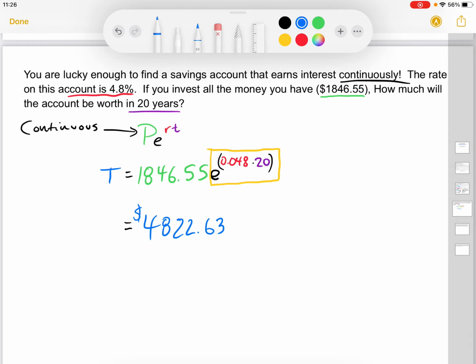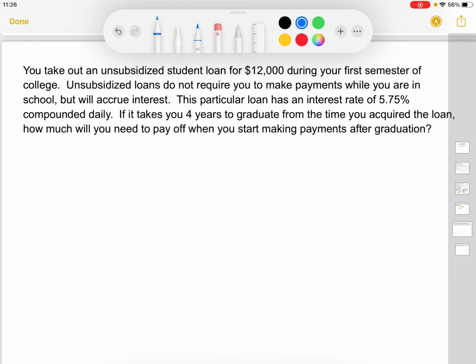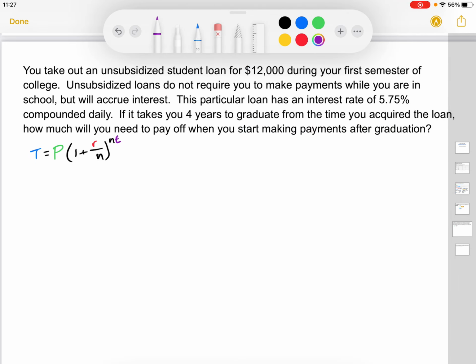Okay, second example. And this one is not going to use continuous compounding. We're going to go back to our just compound interest formula. So I'll just write that out again, just so that you have it. So this question is actually one that is really good to know the answer to here, because it directly applies to a situation that may come up in your life.